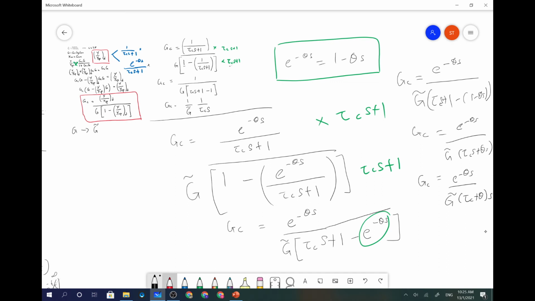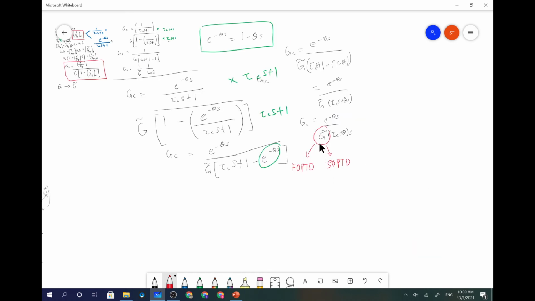The next step is when we have this GC and the model, we divide it into first order plus time delay or second order plus time delay. The process model will be divided into two cases: first order plus time delay and second order plus time delay.